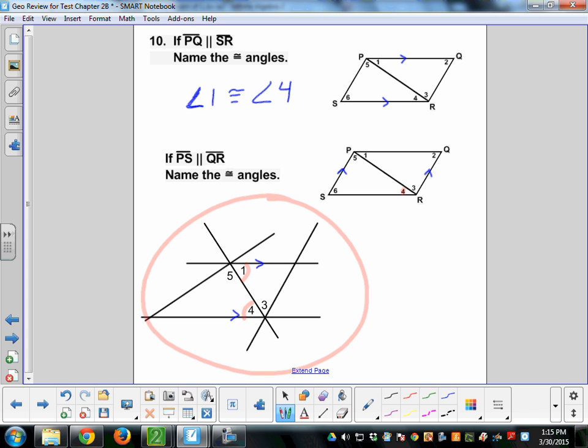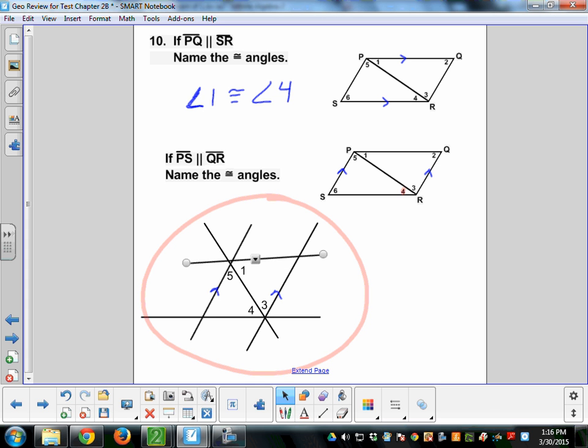In the other case, if I know these two are equal, technically angle 1 could be that different because we're not sure if that is parallel to the other line.